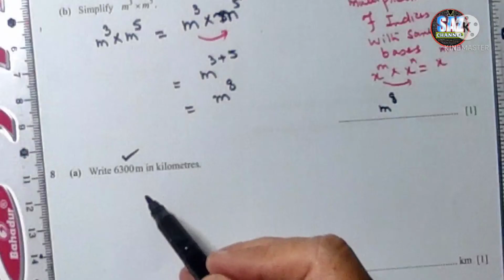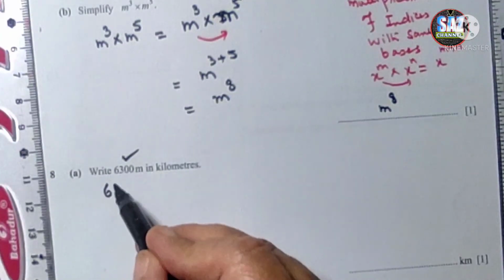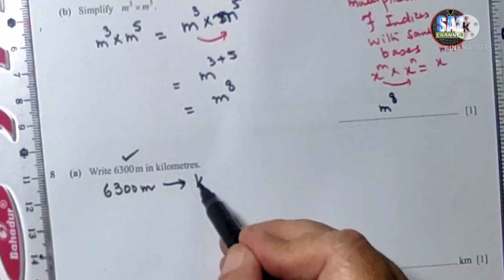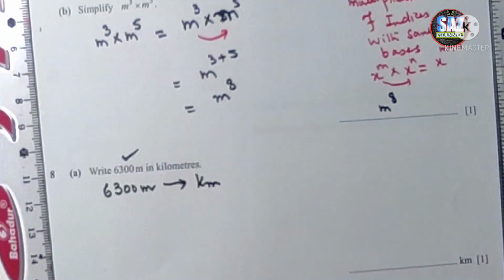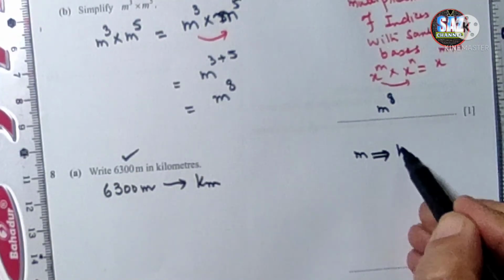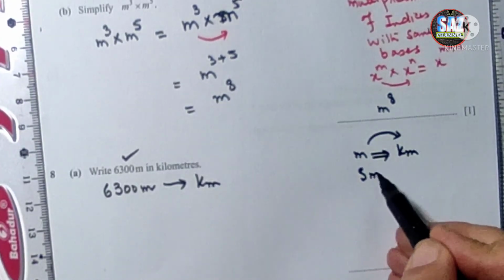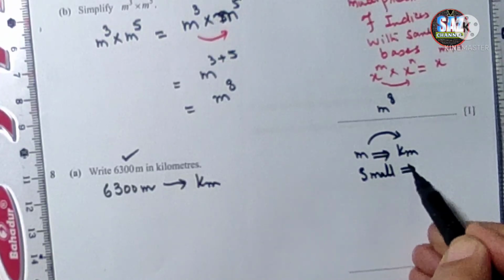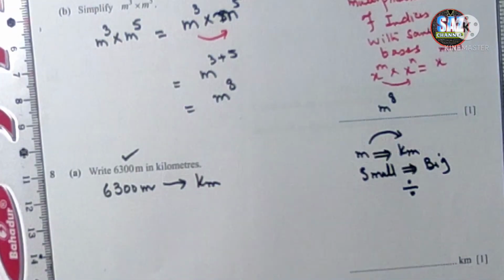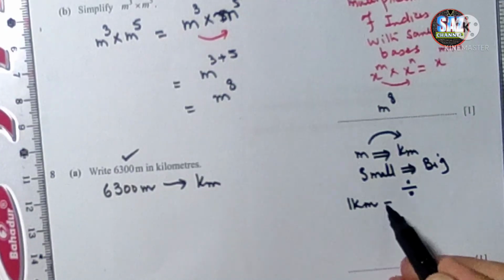Question 8 says, write 6,300 meters into kilometers. Again recall the rule: from meters to kilometers, from small to big, we have to divide. 1 kilometer holds how many meters?